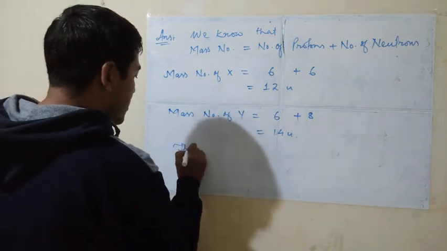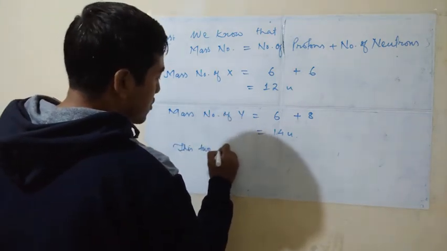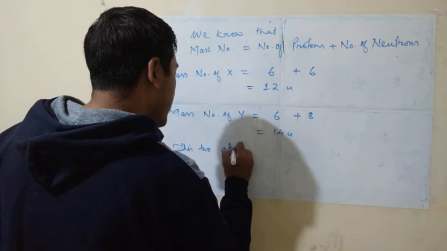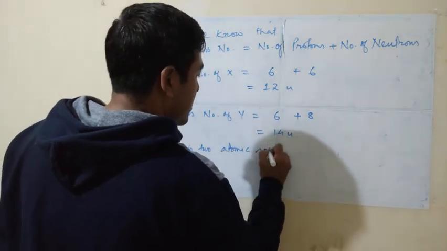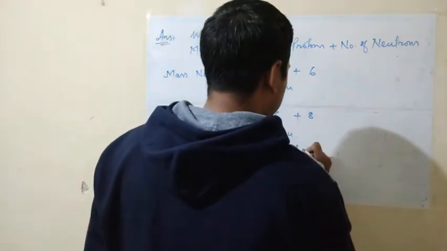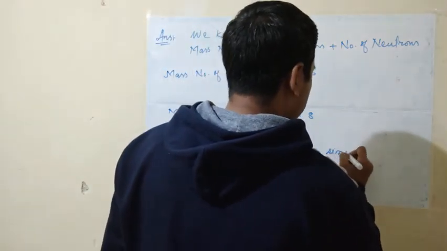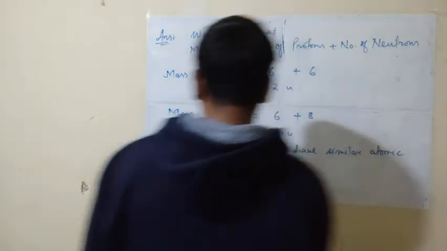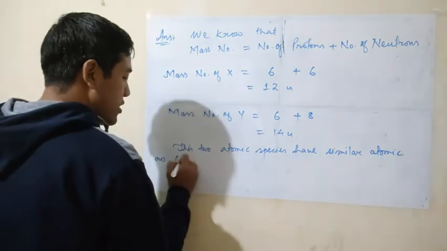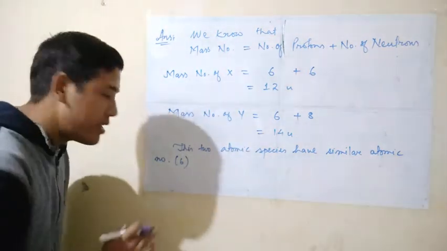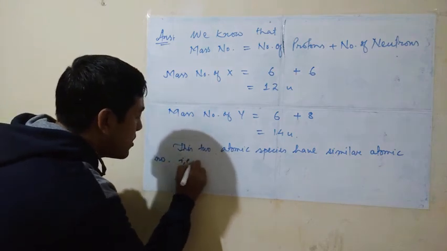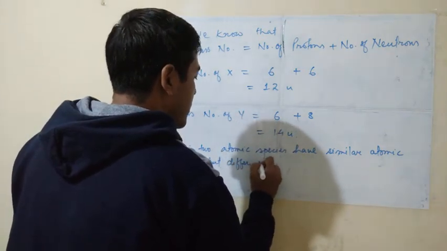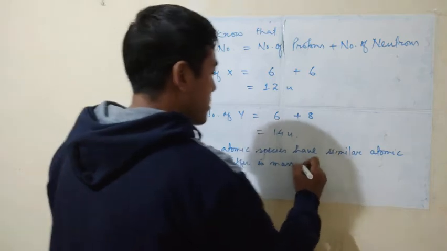Now these two atomic species have the same atomic number, that is 6, but differ in mass number.